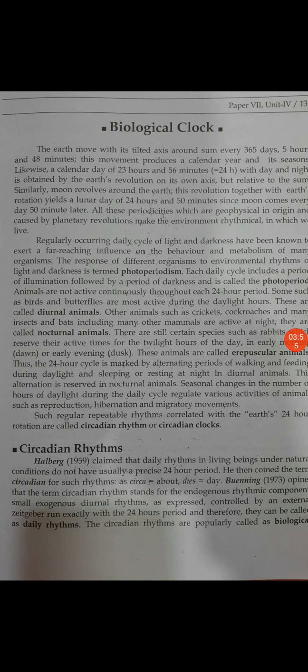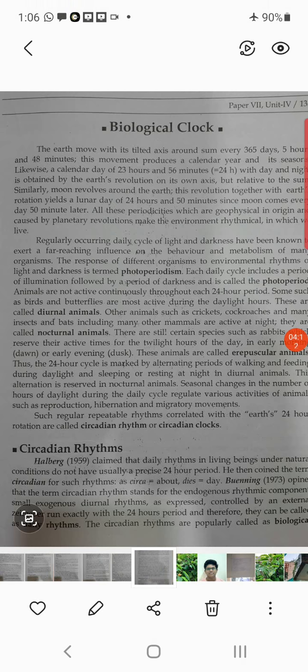Now the next point is circadian rhythms. Hallberg in 1959 claimed that daily rhythms in living beings under natural conditions do not usually have a precise 24-hour period. He then coined the term circadian for such a rhythm.